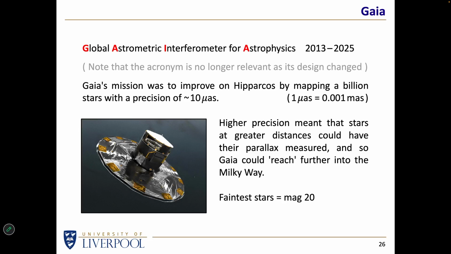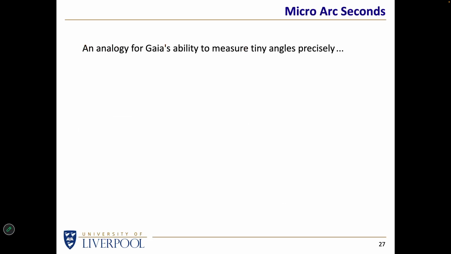If you can only measure parallax to 1/10 of an arc second, you can't really measure stars other than our immediate neighbors. With this sort of precision, you can start measuring stars way out into the galaxy. And it had a limit of order magnitude 20, compared to Hipparchus's 12. So it can determine the distances to much fainter stars.